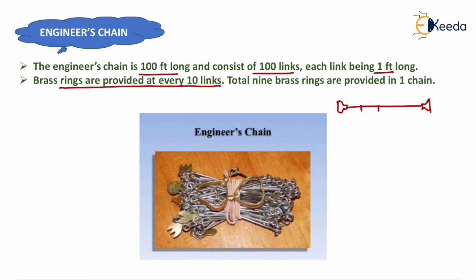So in this way total 9 brass rings are provided in one engineer's chain, because after the 90 to 100 links there will be a handle. That is all about the engineer's chain.